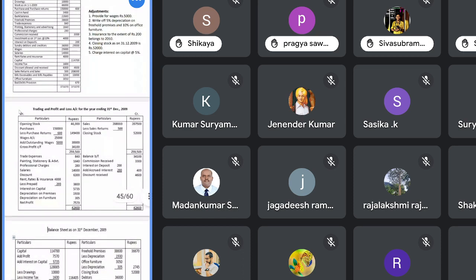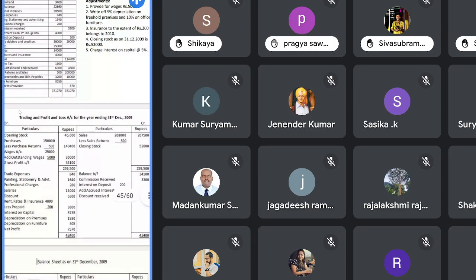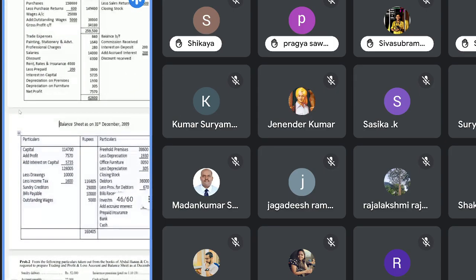See your trial balance. 1,14,700. See your capital here, credit balance 1,14,700. Right, now this is the opening capital plus net profit minus drawings. That is the closing capital.